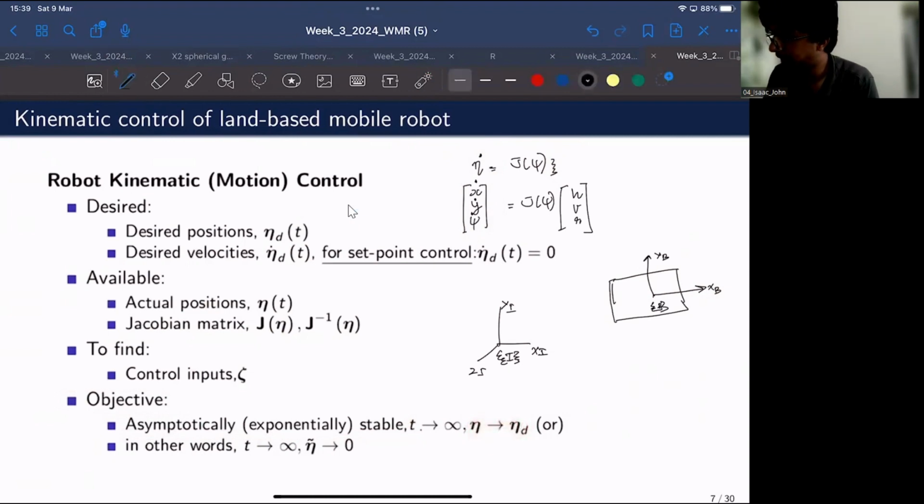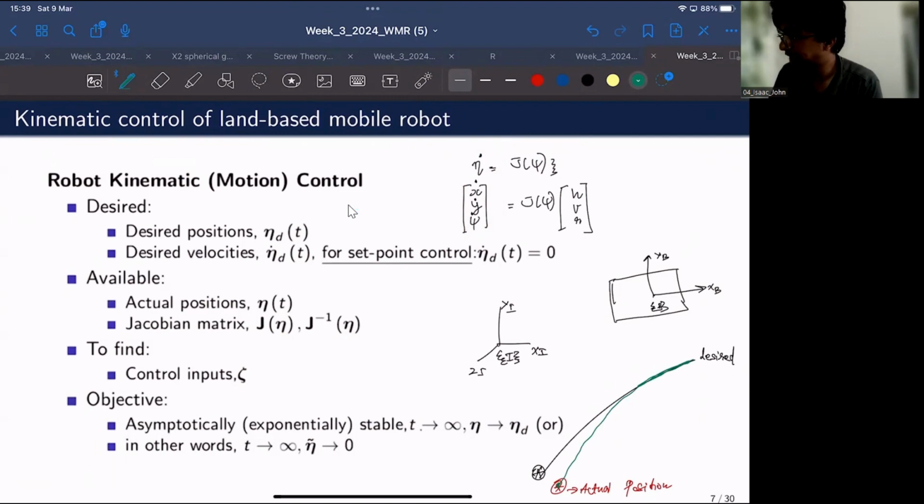If I draw this as the desired position, and we start from somewhere else, maybe this is the actual start, it may initially start from somewhere different to the desired start position. As time progresses, the robot's trajectory should merge with the desired trajectory. As time tends to infinity, eta should tend to eta desired. I label this as eta desired and this as eta.